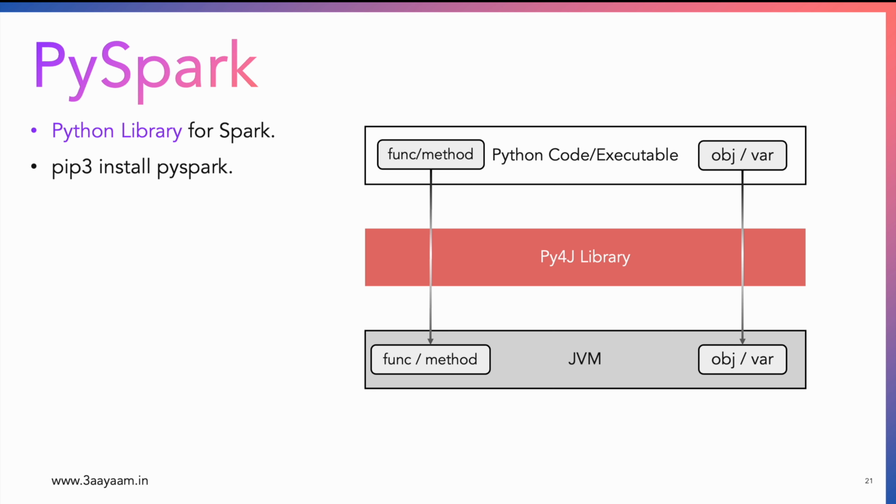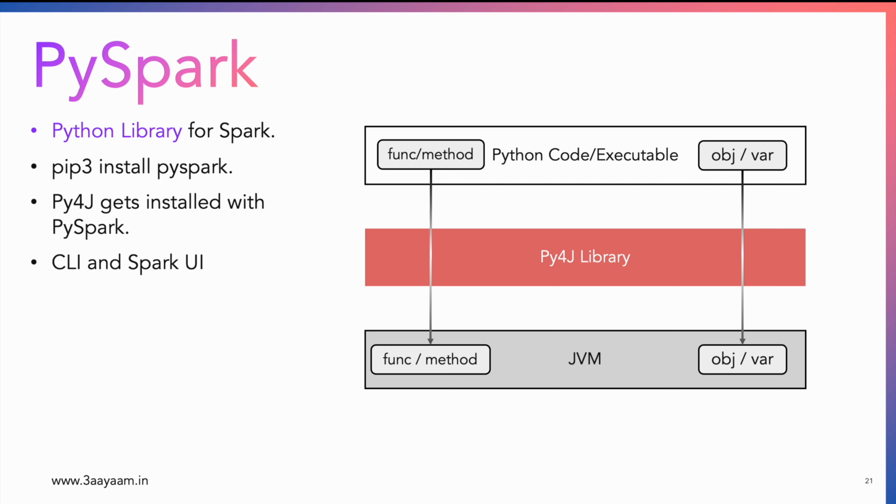Py4j does the facilitation to bridge the communication gap between Python and the JVM. So it gets installed with PySpark automatically. And we have already seen the CLI. If you want to use the PySpark CLI, you type pyspark, and for the Spark UI to work, you have to set up the history server the way I had shown you.